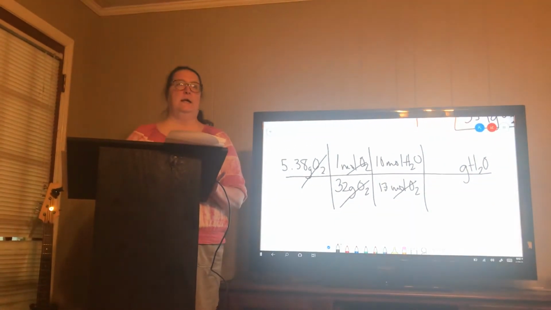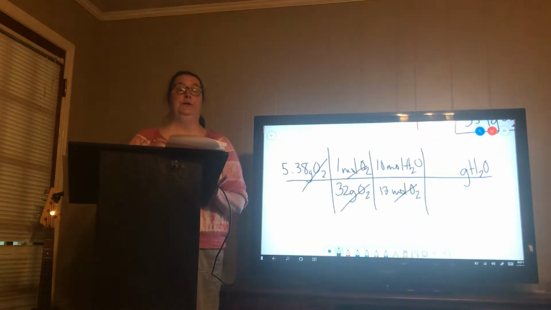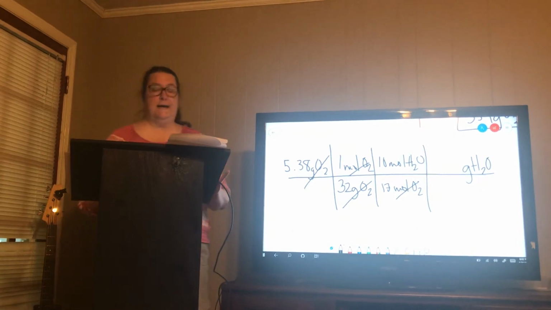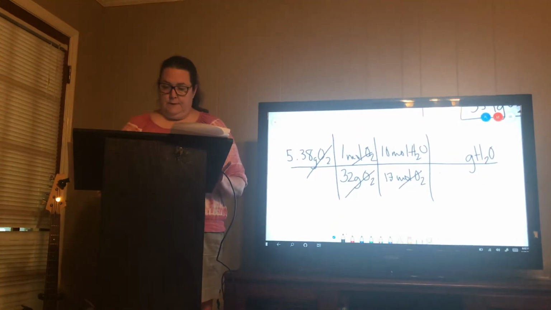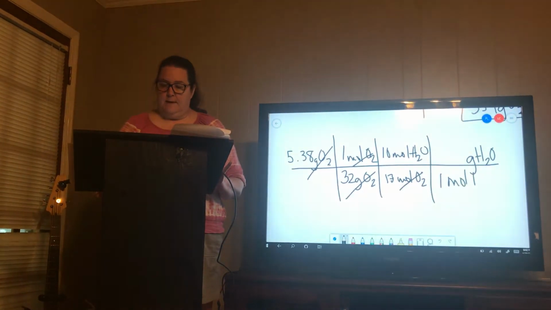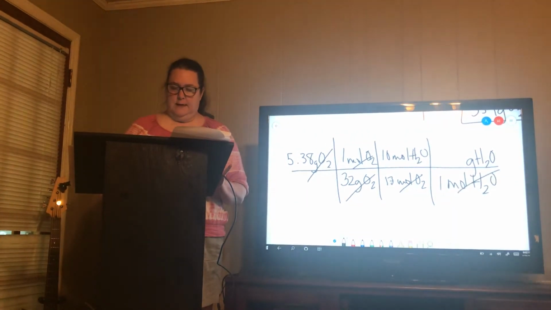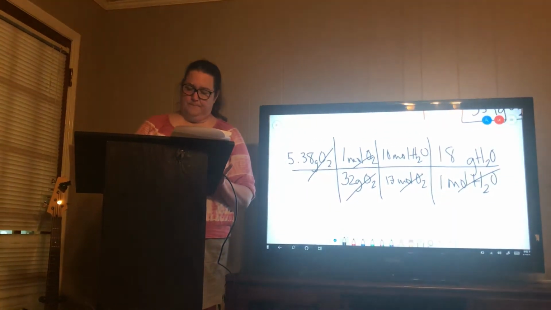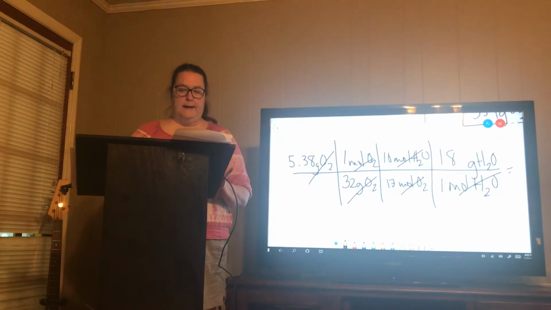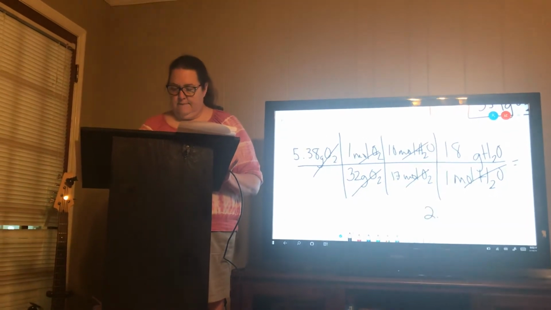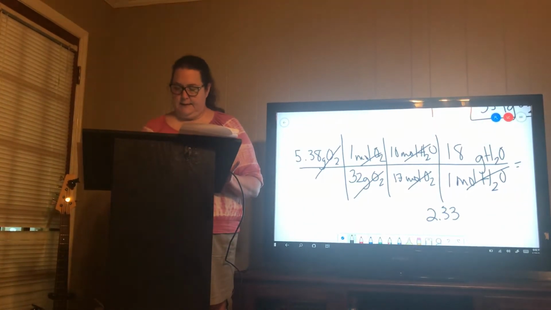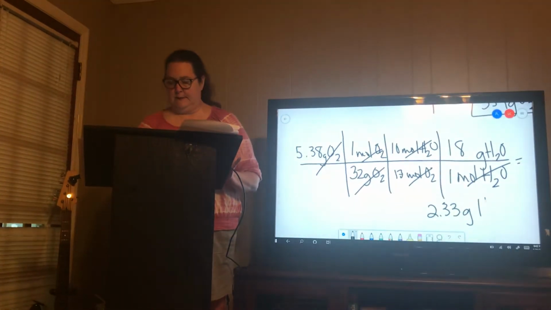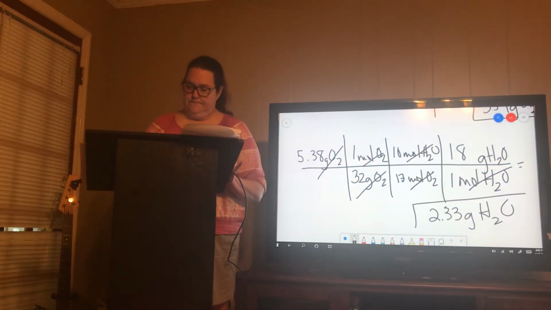And do watch that chemistry tutor that I put on your Google Classroom. That will help you too. I know that 1 mole of H2O is 18 grams. So the moles cancel out, and if I put it in the calculator right, I get 2.33 grams of water.